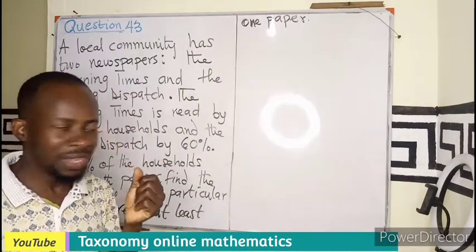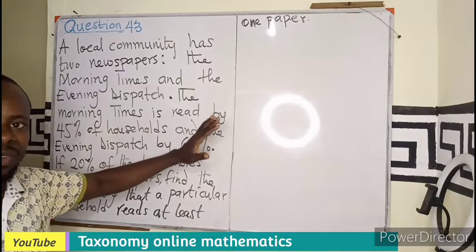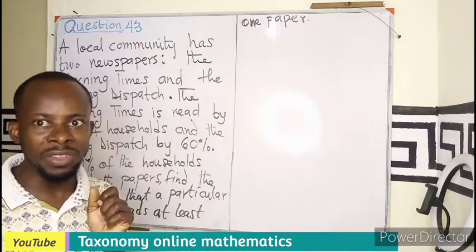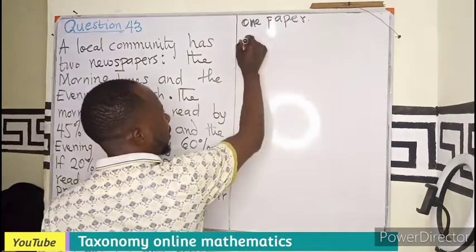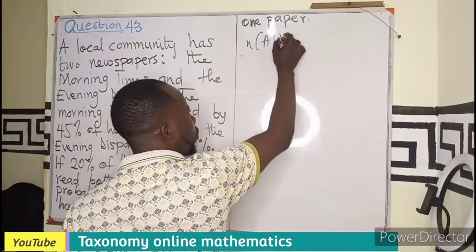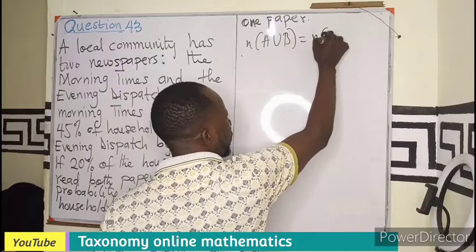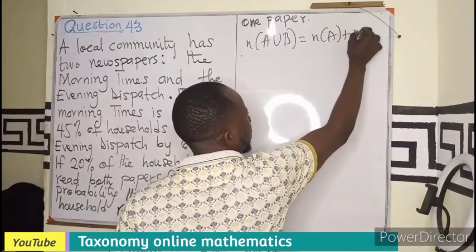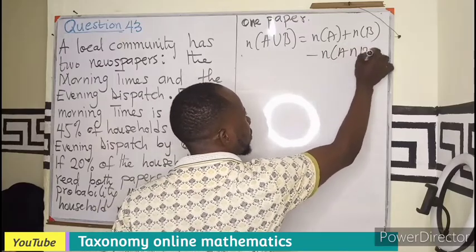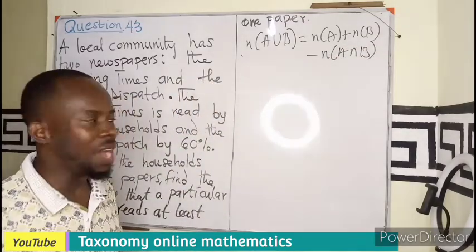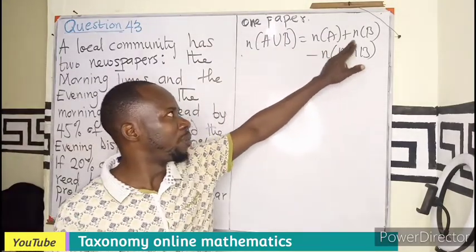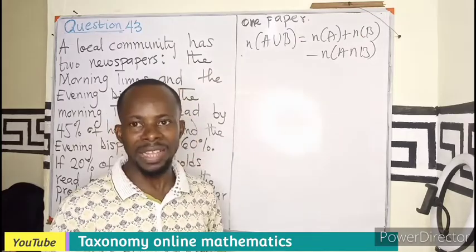Each individual set has been given to us, 45 and 60, and their intersection, which is both, has been given to us. From the Venn diagram, we know the number of A union B is equal to the number of A plus the number of B minus their intersection.